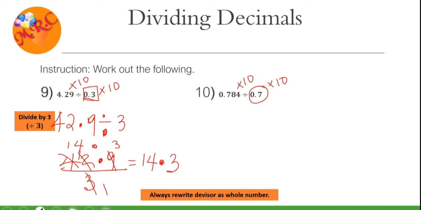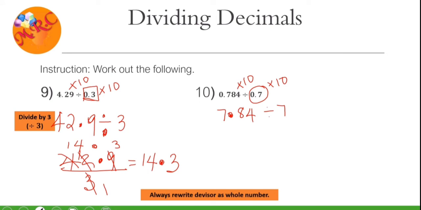Good job. So now 0.784 by 10, that is 7.84, and 0.7 by 10, that is 7.